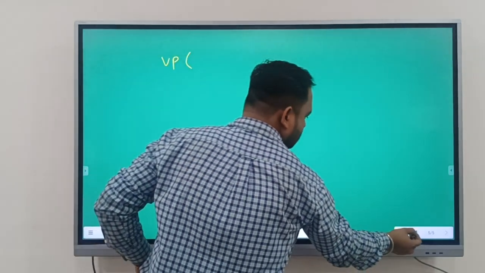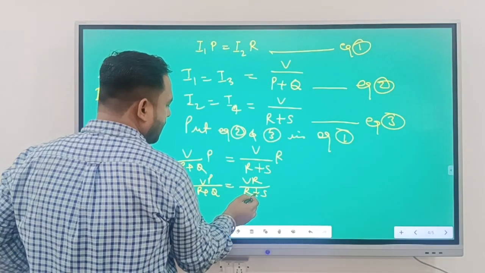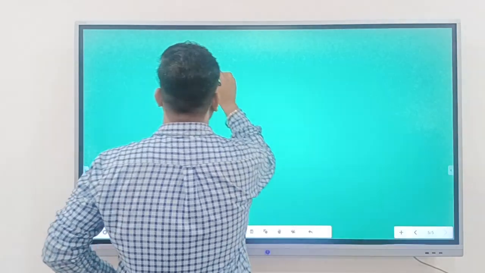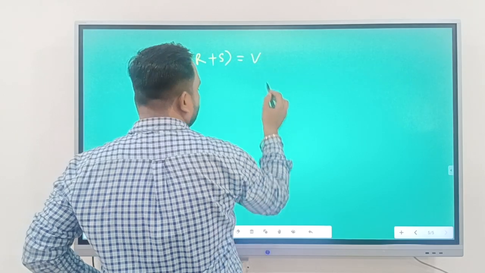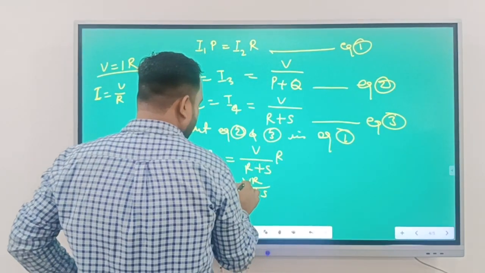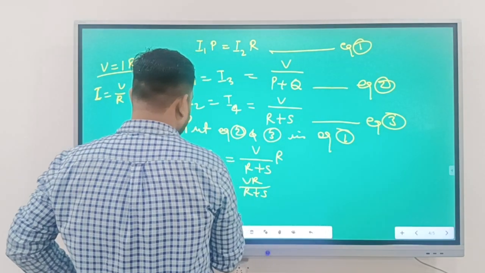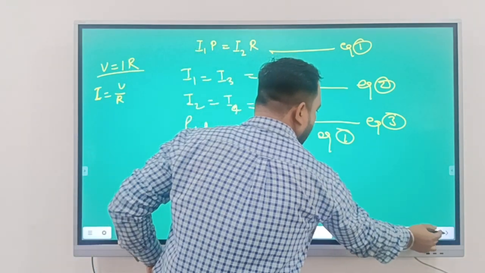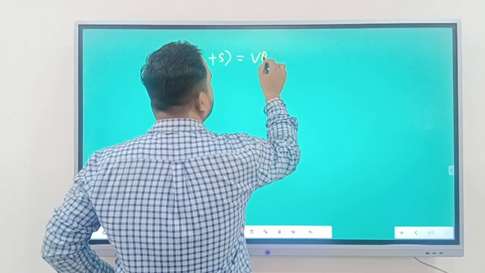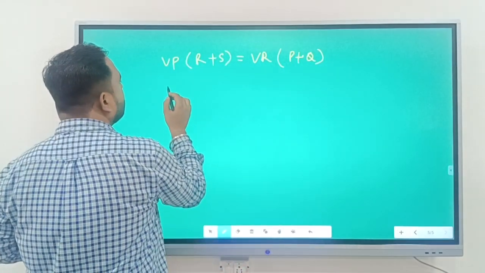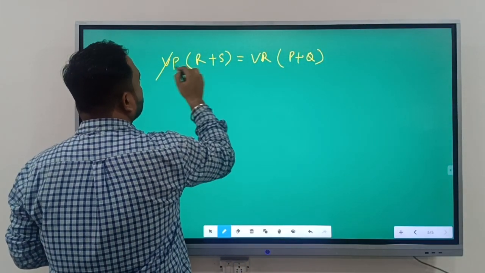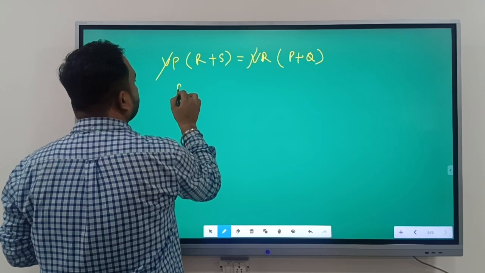VP into R plus S is equal to VR into P plus Q. So V, you can cut it.